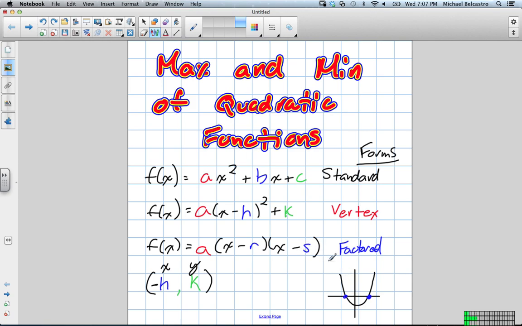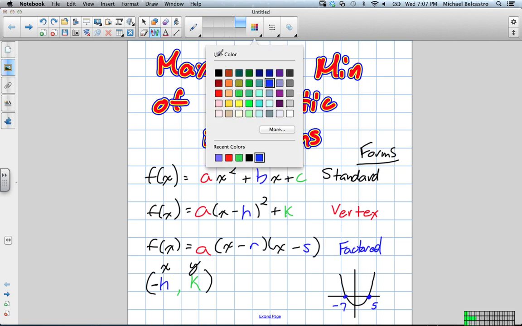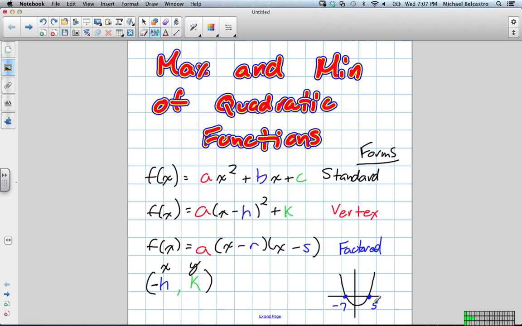Let's say s is positive 5 in this one, and it was negative 7 in this one here. What it'll be is they'll actually be reversed. Because it's positive 5 here, when I write it in the bracket it'll say x minus 5, and in this one here, because it's negative 7, it'll say x plus 7, or something roughly around that.